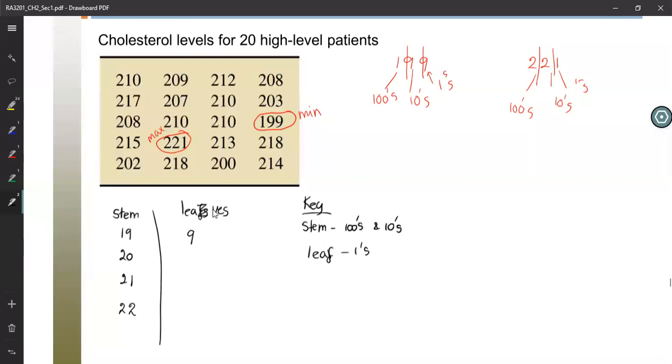So try to find the leaves for 20 and give me them in ascending order, please. All the leaves for 20 in ascending order. And then all the values for 21 in ascending order. For 22, there's only one.